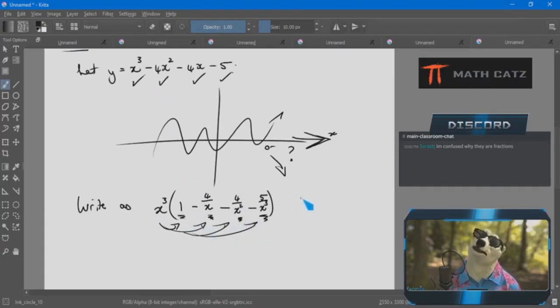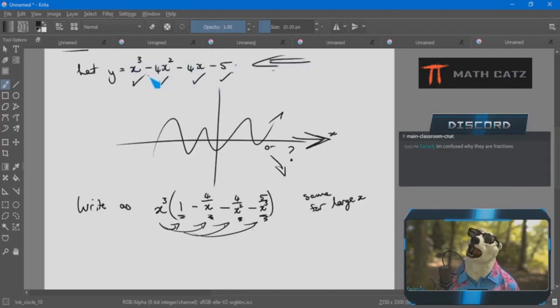But it's the same for large values of x. I have to have fractions inside because when I multiply the x cubed back in, I have to get my original function.